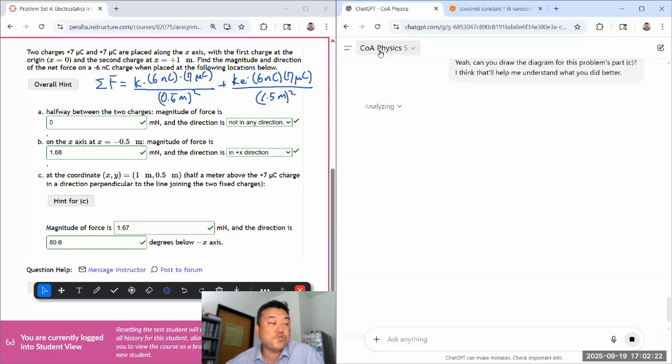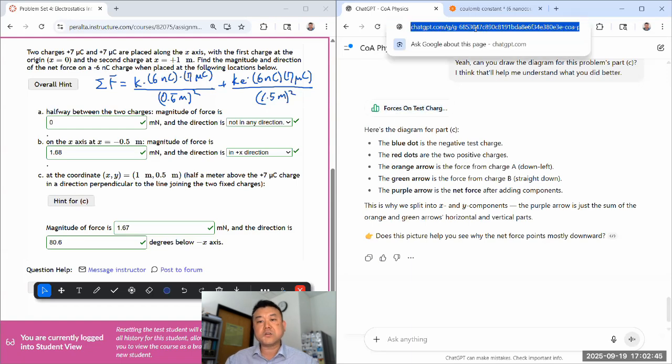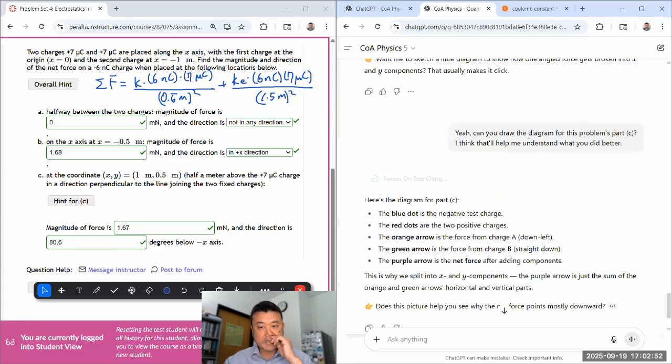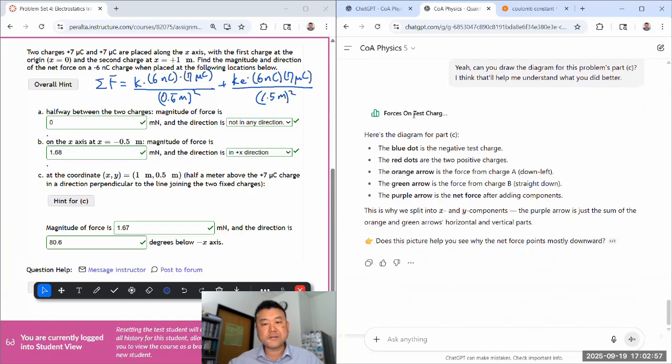So ChatGPT, it used to be that it couldn't draw diagrams, but it got a lot better at drawing diagrams. I just tested it out with drawing a free body diagram for Physics 4A 2 weeks ago, and it did it really well. So I think you can now ask for it to draw diagrams. Now, one bug that I see is, so this should expand out into an image. Let me give this a try. I'm just gonna reopen this same thing in a new window. Because when I saw my old chat in a separate window, sorry, it didn't work.